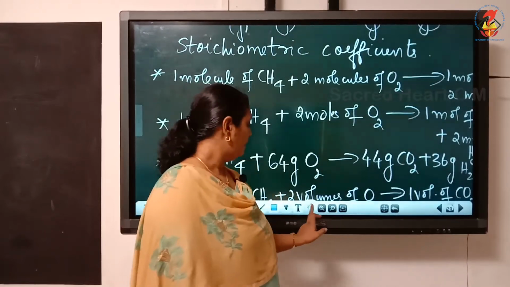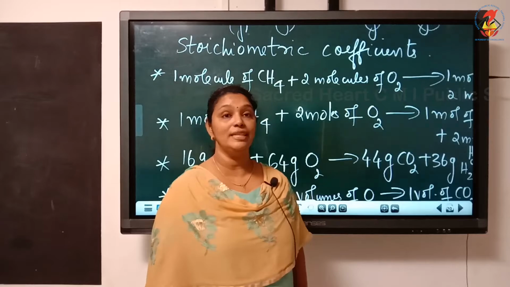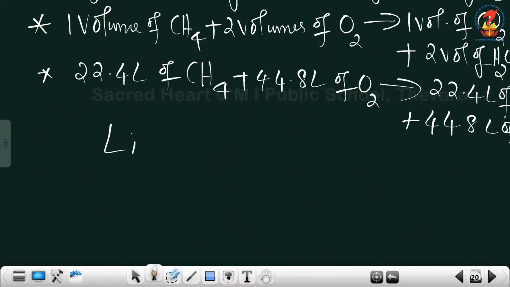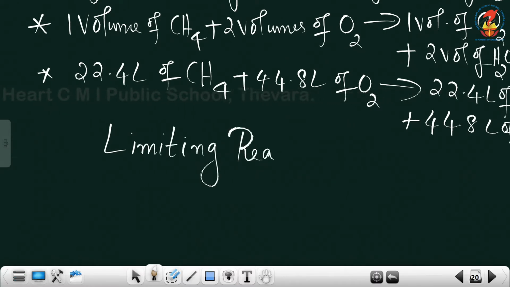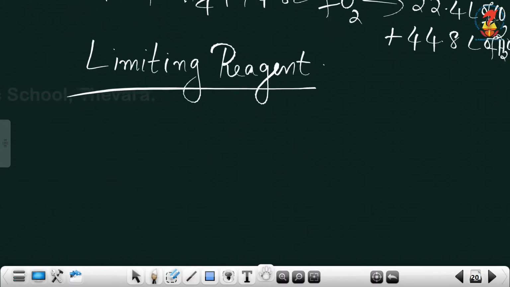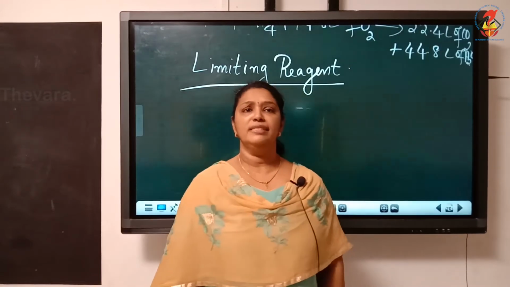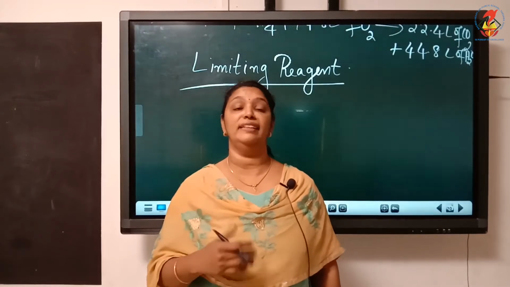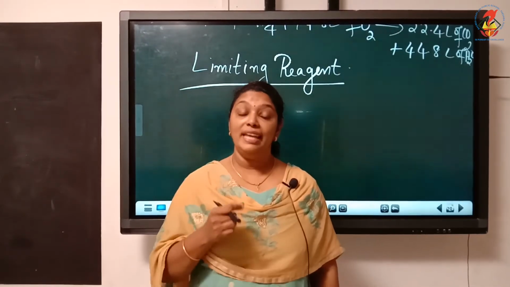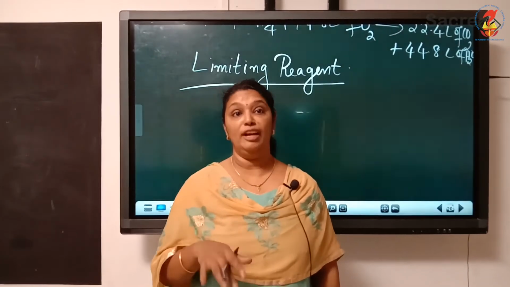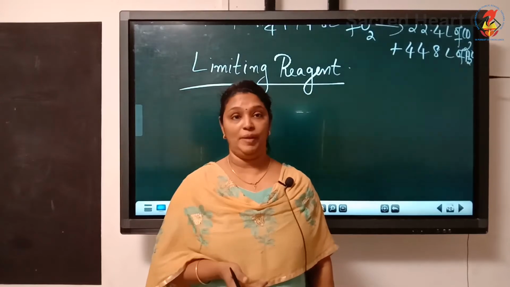Next I am going to discuss a term called limiting reagent. In some chemical reactions, one of the reactants will be in excess compared to the other. The reactant which is present in lesser amount will be consumed first, and after that, no further reaction takes place.